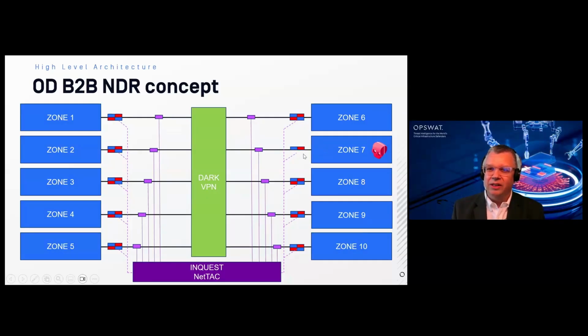In some scenarios, if you shut down the whole system, then you don't get any information in either direction. There might be scenarios where it's important to get safety information into zone 7 here. So in this scenario, we can allow that. Data going in is allowed. We only disable this malicious threat actor in this case. So this is an out-of-band NDR solution which protects the data.